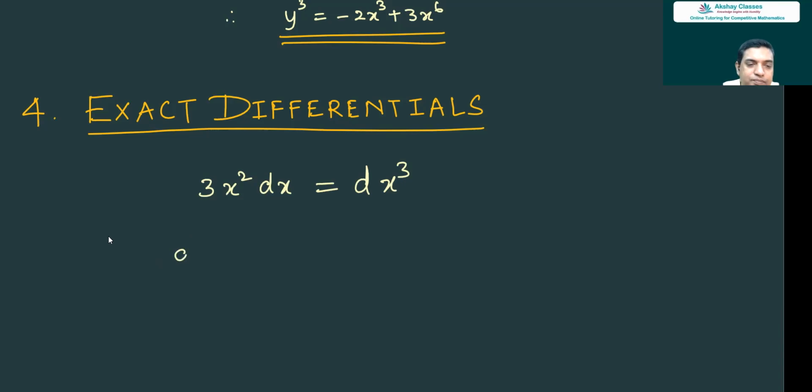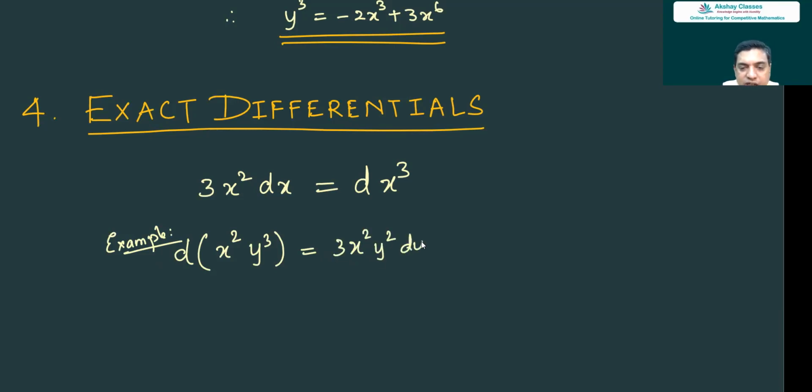For example, x square y cube, let's say, we get x square into 3y square dy plus 2x y cube dx.